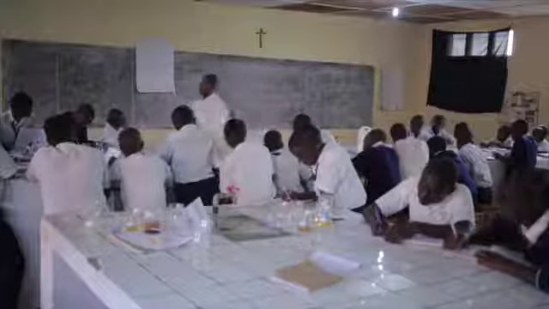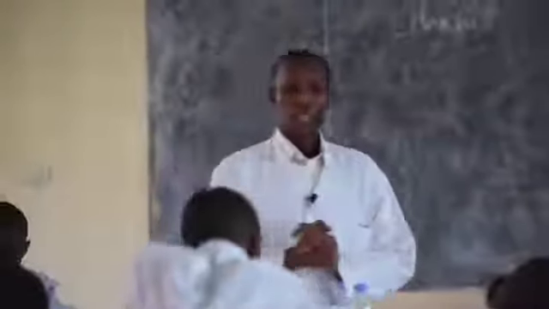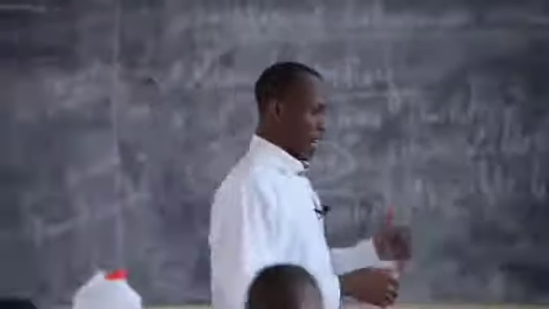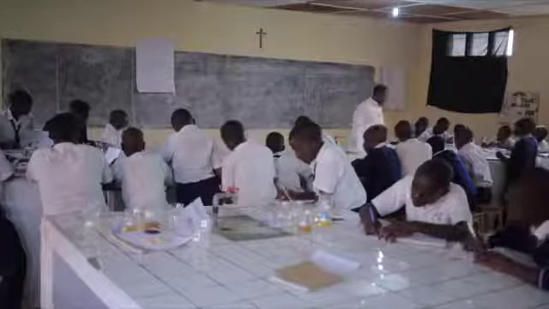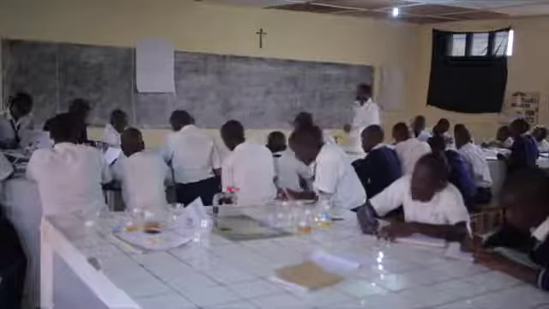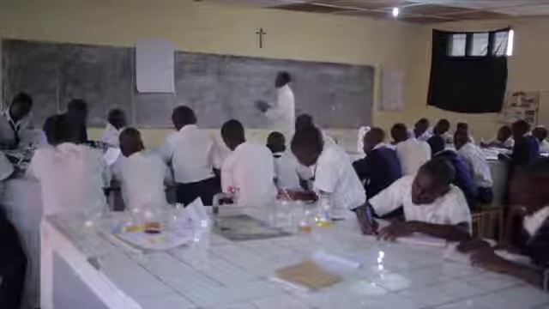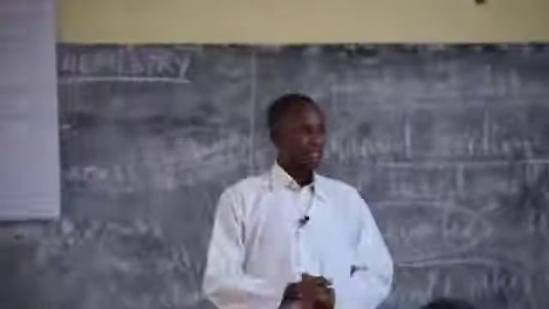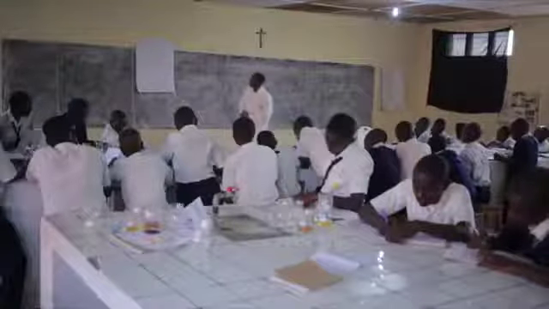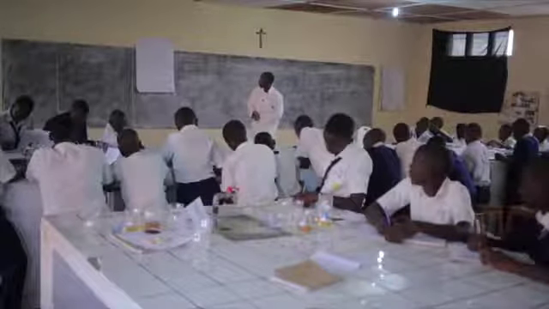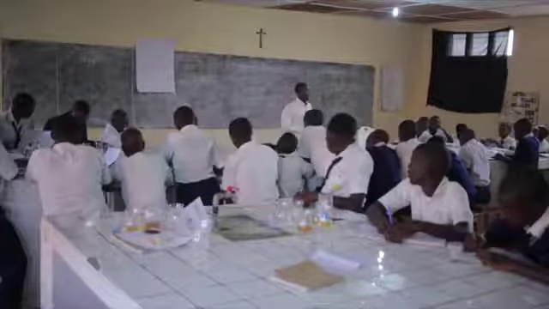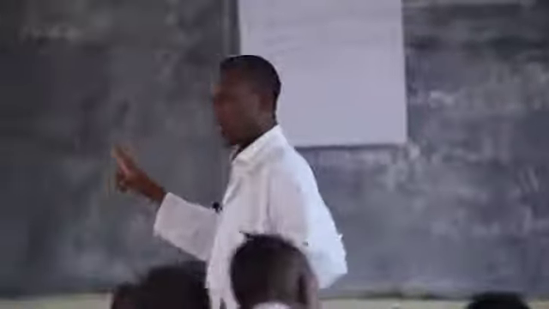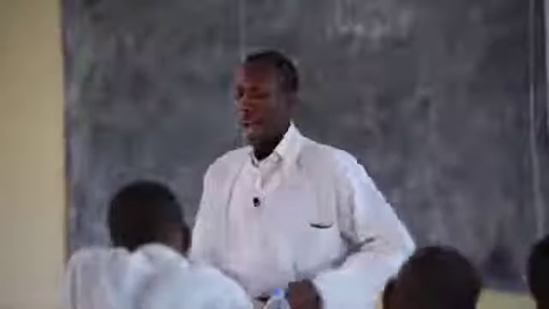Before starting the next lesson, I have to check your notebooks. You have to write down the answers of the 2 questions in your notebooks. Question number 1, how can table salt be separated from water? Number 2, which method will be used while separating ethanol and water? These are the 2 questions which you are going to do as the homework.